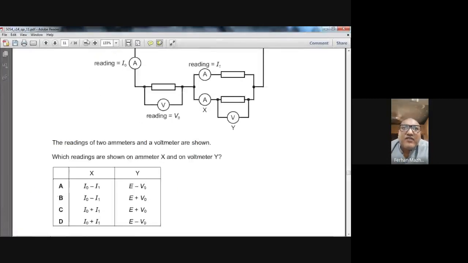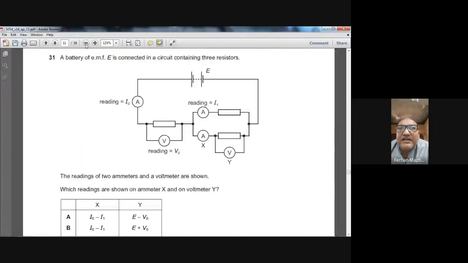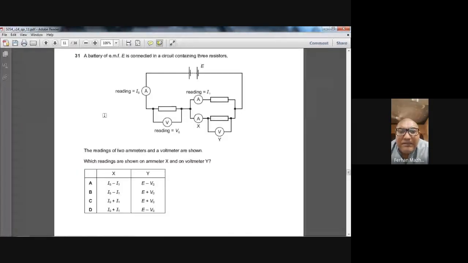You see, from the battery, I naught current came, and here the current will be divided. I1 current passes through the upper branch. So through this lower branch, the amount of current will be I naught minus I1. I naught minus I1 will be the reading on the ammeter X. Okay, the battery is providing the voltage E. Here the voltage drop is V naught.